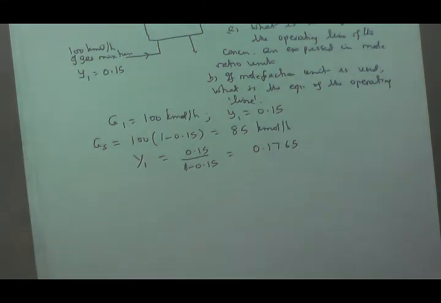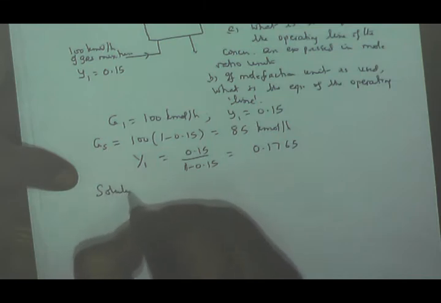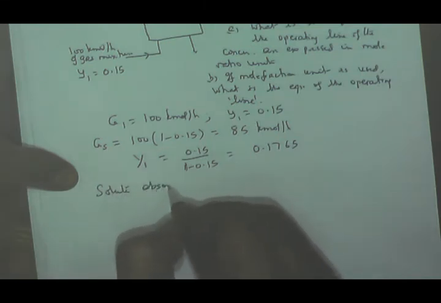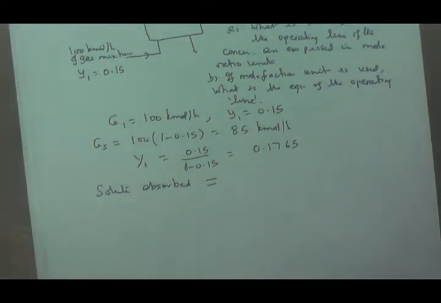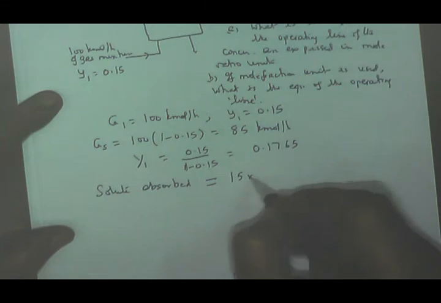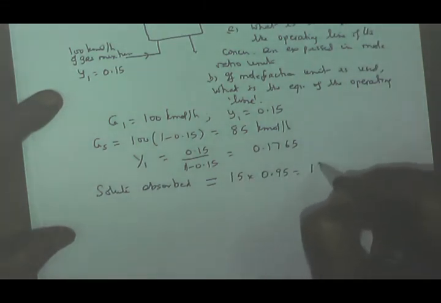Now, solute entering is 15 kilomoles per hour. How much of it is going out? How much of it is absorbed? 95%. So solute absorbed is how much? 15 into 0.95. 95% is absorbed, which is 14.25.